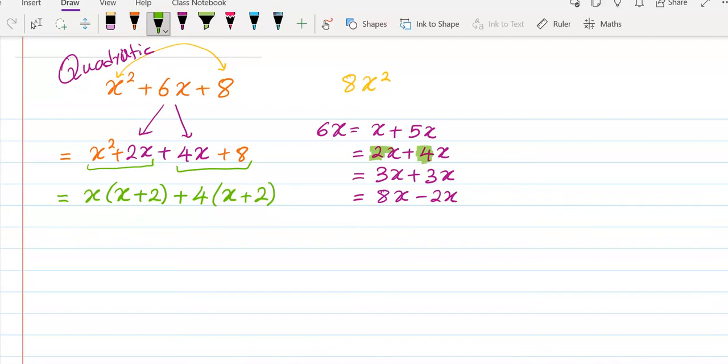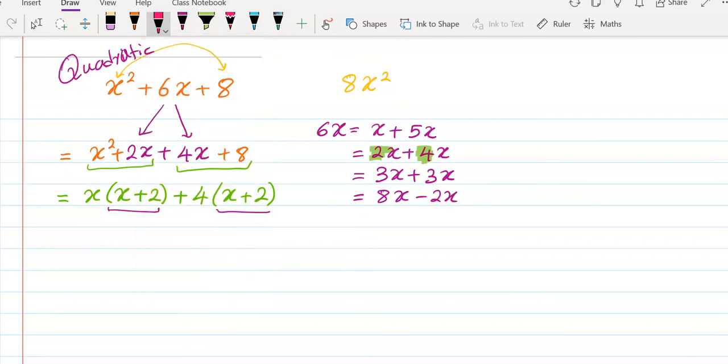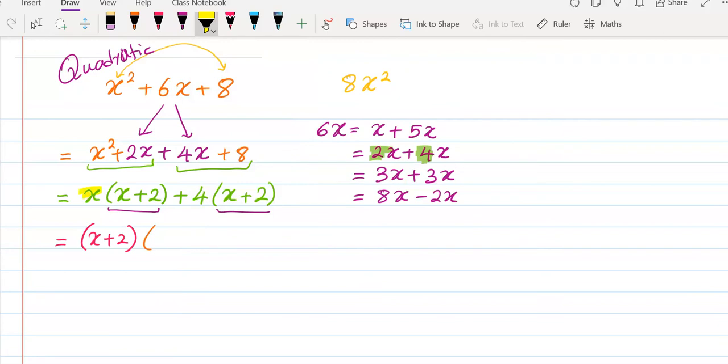Now if you look at the two parts, we have the bracket in common. Put a different color. So that is x plus 2. If x plus 2 is in common, the leftover is the x and plus 4.